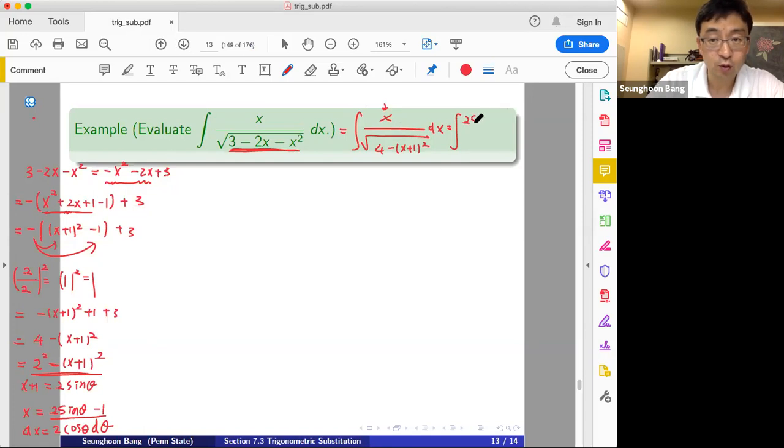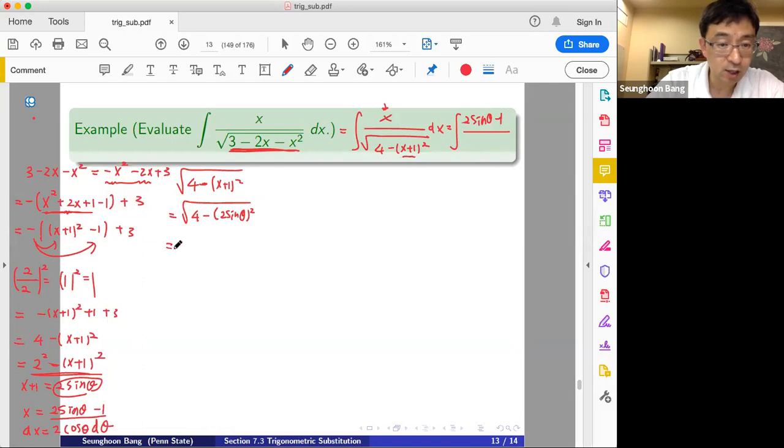We have 2 sine theta minus 1 over, you can plug 2 sine theta in for x plus 1. So what does it mean? You can simplify here. The square root of 4 minus x plus 1 squared is the square root of 4 minus 2 sine theta squared, same as the square root of 4 minus 4 sine squared.